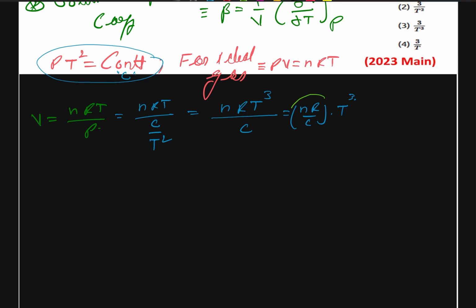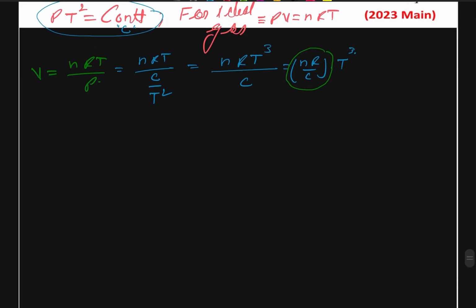So this entire term, nR upon C, is constant. Therefore, we can say that our volume is proportional to the cube of our temperature.